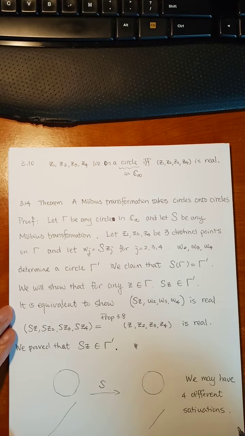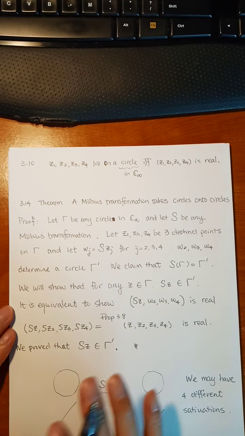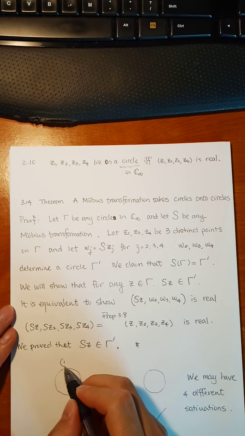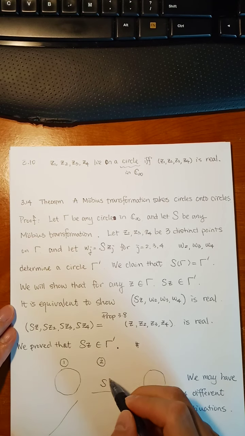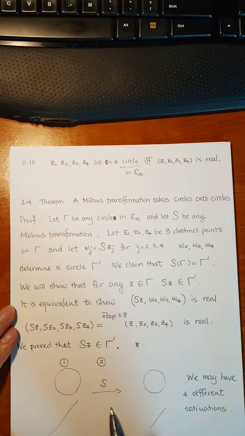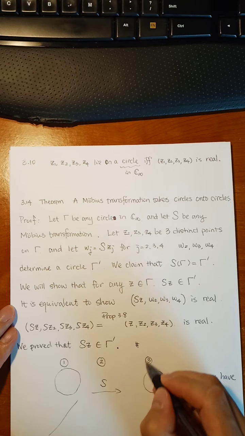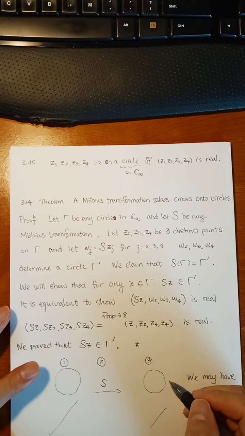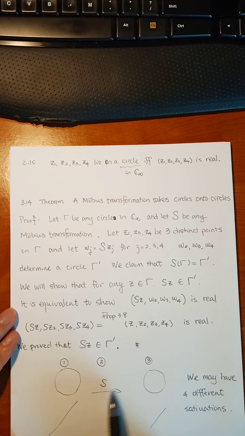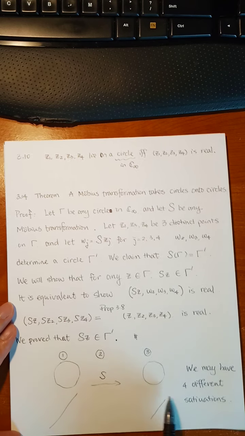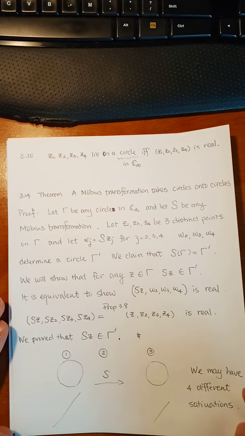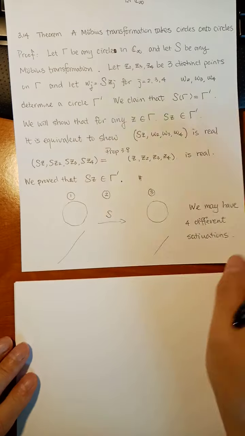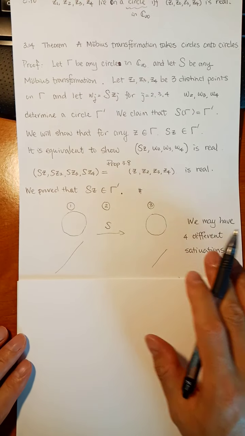So first, remember that we have steps. First, we have the domain, and then we have the function, and then we have the image. So domain, function, and image, in this order. And we still have a circle in C infinity. All right.